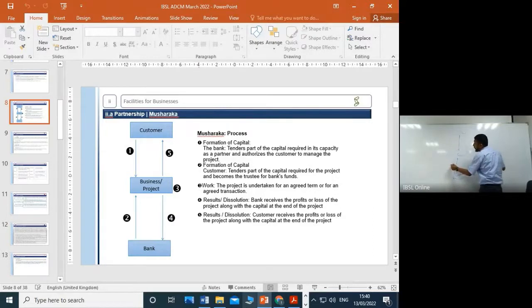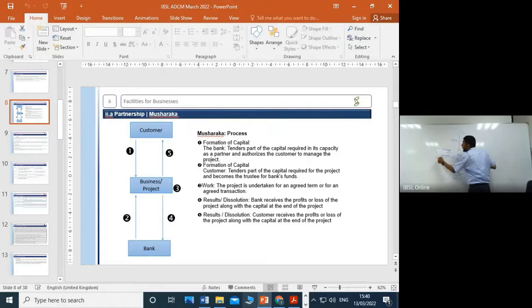So the customer contributes 100,000 rupees. The Islamic Bank contributes 100,000 rupees. The project is to buy something at 200,000 rupees, say 1,000 kilograms of tea at 200 rupees, and then sell 1,000 kilograms at 300 rupees.